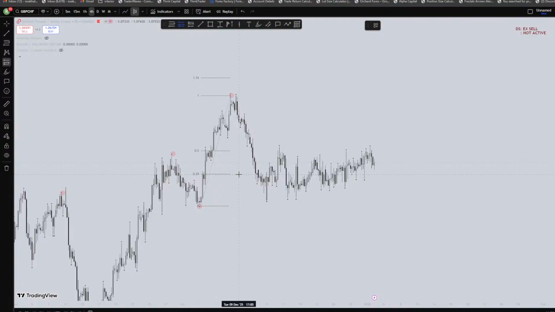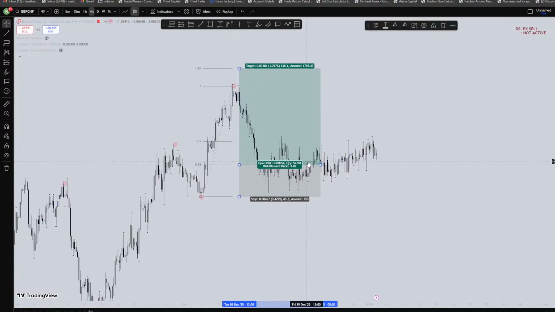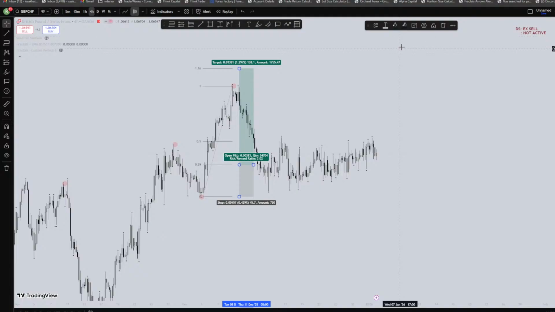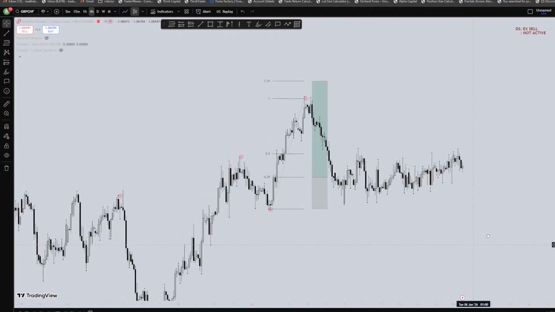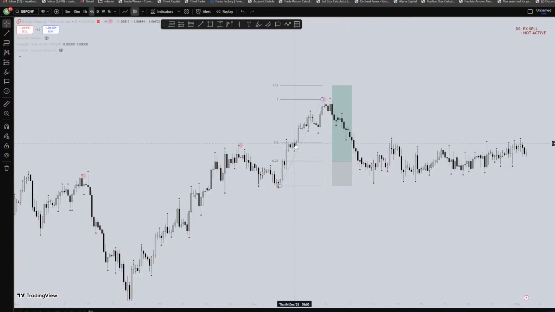It's been ranging for some time now, but trade. Or it should be active. Yeah, because everything is respected.